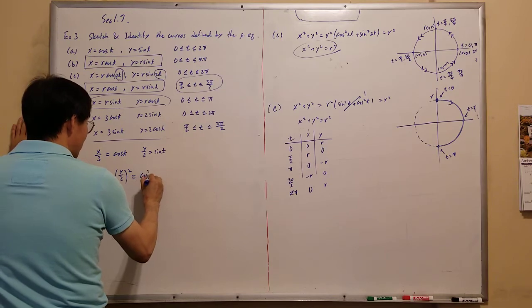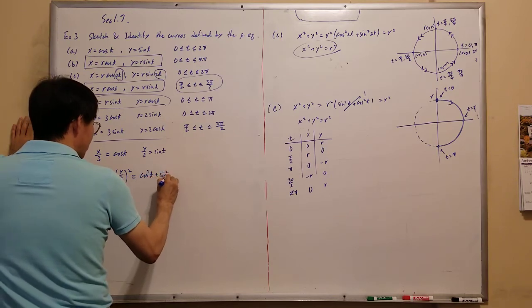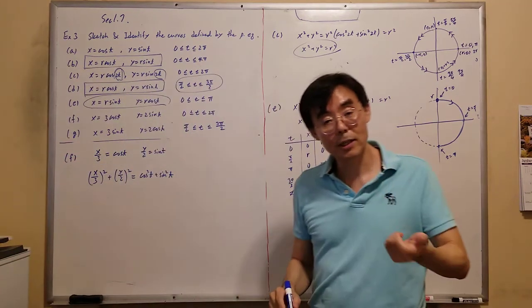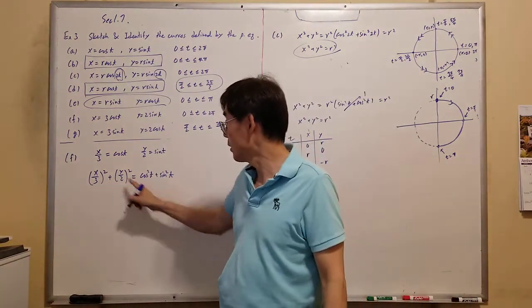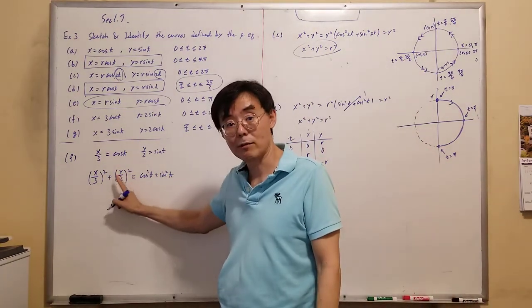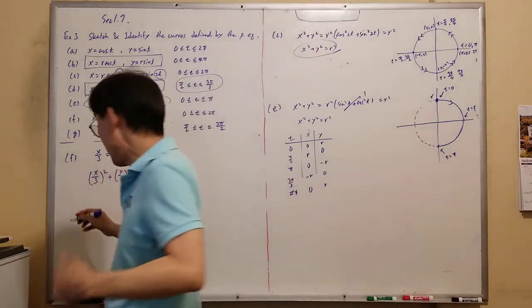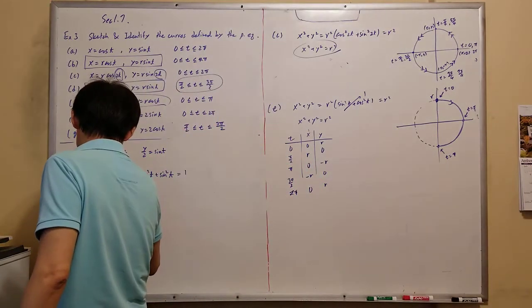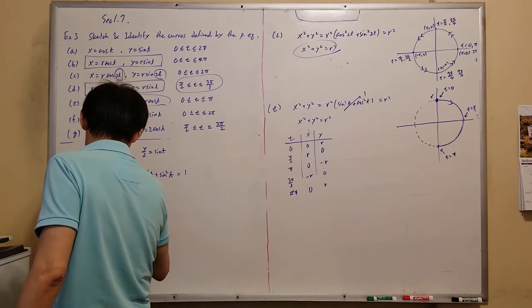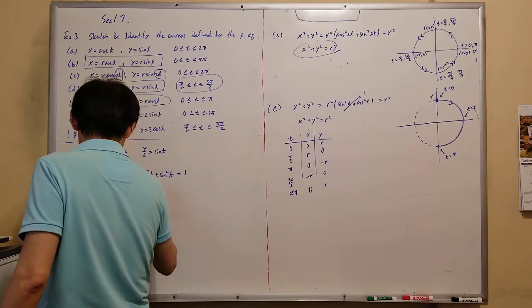That is cosine squared t plus sine squared t. See? You solve for cosine t and sine t and square. That means x over 3 squared plus y over 2 squared. Well, this is 1. So our xy satisfy this. X squared over 3 squared plus y squared over 2 squared equals 1.